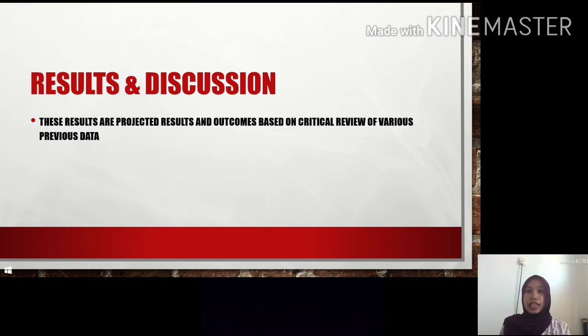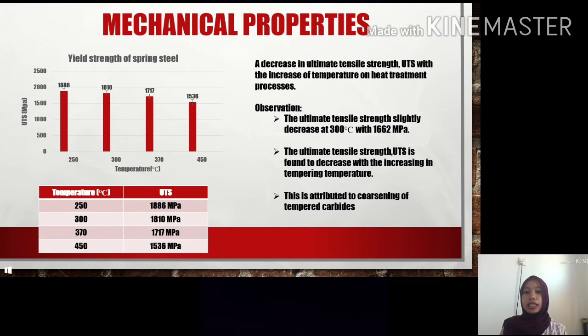For the results and discussion, I use the results from the previous data. For the mechanical properties, for the ultimate tensile strength, I use the data from the journal. It shows a decrease in ultimate tensile strength (UTS) with the increase of temperature in the heat treatment process.